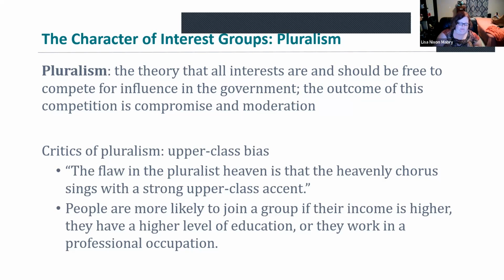I love that quote. His point was that interest group politics is heavily skewed in favor of corporate, business, and upper class groups, leaving those with lower socioeconomic status less able to participate in and influence government. The central reason for this skew is that people with higher incomes, more education, and managerial or professional occupations are more likely to have the time, money, and skills needed to play a role in a group or contribute financially to it, which we've talked about in previous lectures, right?